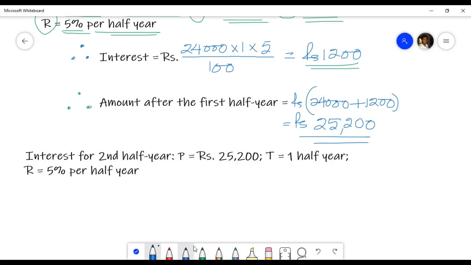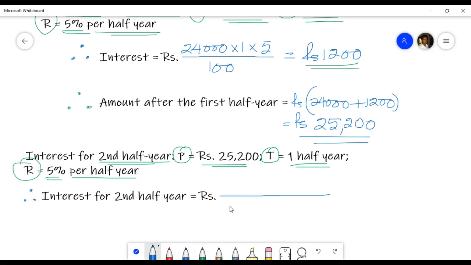Now let us calculate the interest for the second half year. I hope you are understanding this. We are calculating the interest for the second half year now. The principal for this second half year is the amount of the previous half year, that is the first half year. Time is taken as 1.5 year and the rate is 5% per half year. So what are we calculating now? Interest for the second half year.